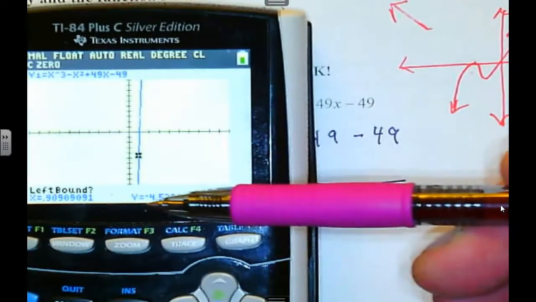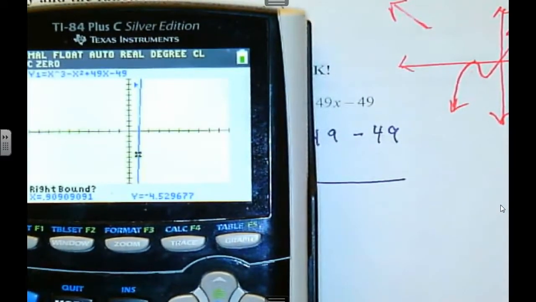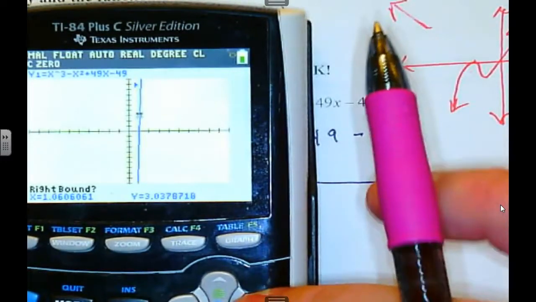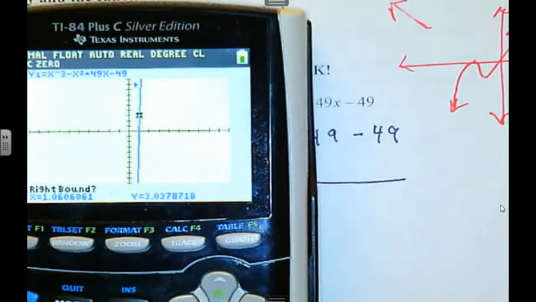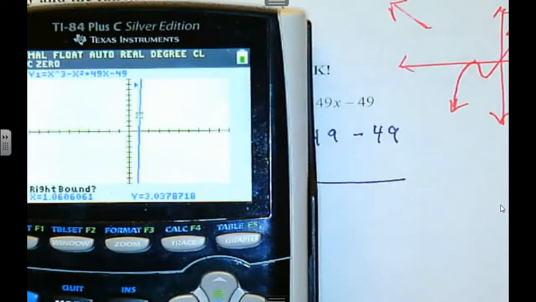Now, because every calculator, the cursor is going to be in a different spot. Okay, so hit enter. That's my left bound. That's my negative number. And then I want to get to the positive. You should only be able to hit the cursor once. It should go above the line. Right? Hit enter. And then hit enter again.